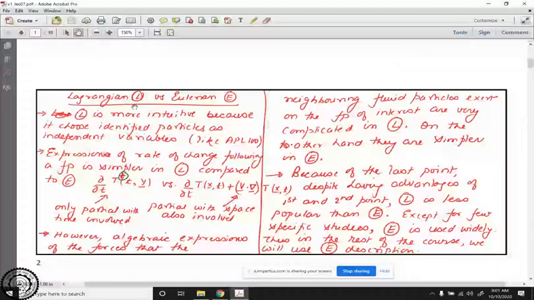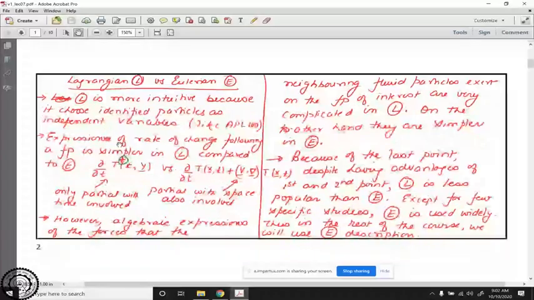Lagrangian, I'll just denote it with L, so I've not written it every time, and Eulerian with E. So L is more intuitive because it chooses identified particles as independent variables. That is more in line with whatever you have done so far in school or recently in APL 100. So that seems like the obvious way you would also try to approach fluid mechanics.